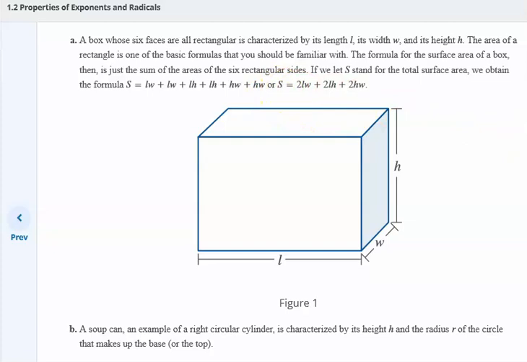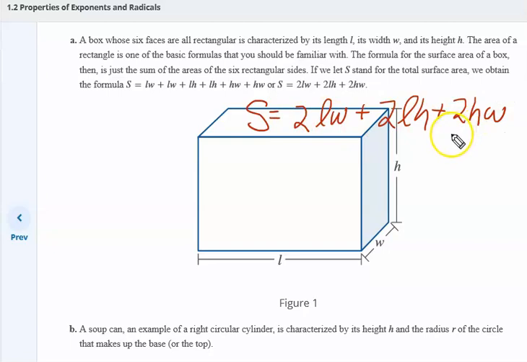Let's just write this big here. Surface area equals 2 length times widths for, let's say, the top, 2 length times heights for one set of sides, and 2 heights by widths for the other.